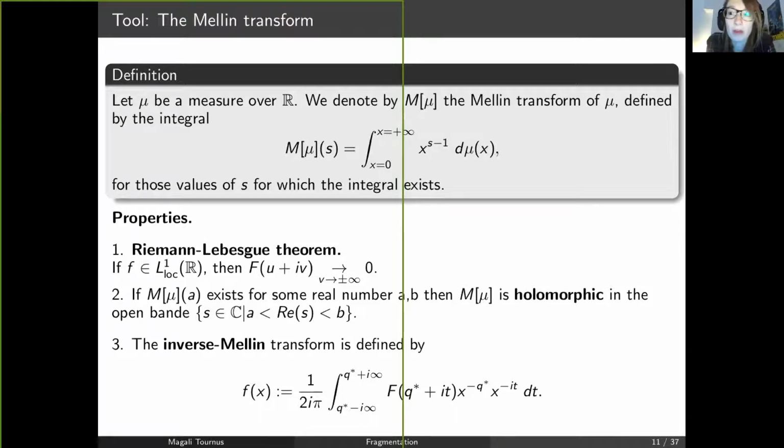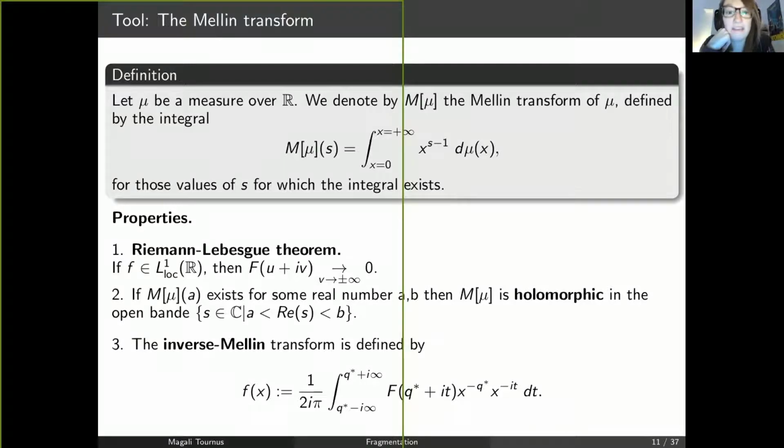We have the equivalent of the Riemann-Lebesgue theorem. The Riemann-Lebesgue theorem for Fourier transforms says that if the function is L1, then its Fourier transform goes to 0 at plus and minus infinity. For the Mellin transform, if the measure has a density f which is L1, then its Mellin transform goes to 0 as its imaginary part V goes to plus or minus infinity.